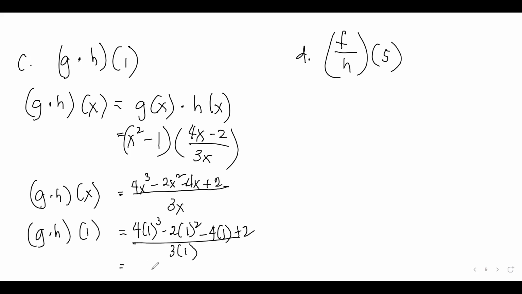Lahat ng 1 yan, 1 na lang din yan. So 4 minus 2, that is 2, minus 4, negative 2, plus 2, that is 0, 0 over 3.